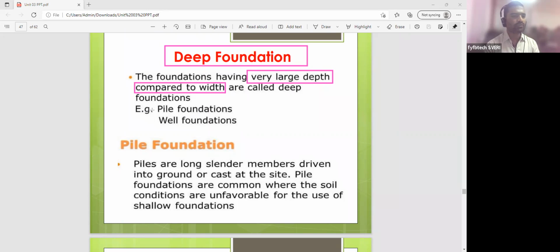Then types of deep foundations. First one, pile foundations. Next one, well foundations.